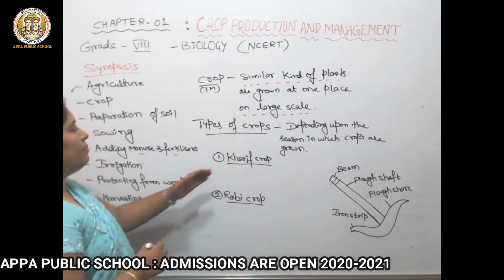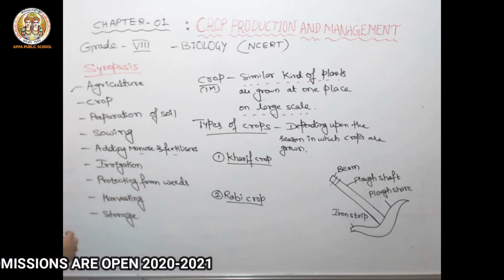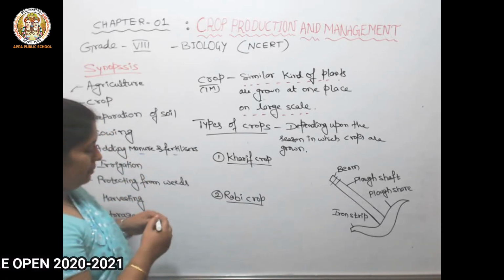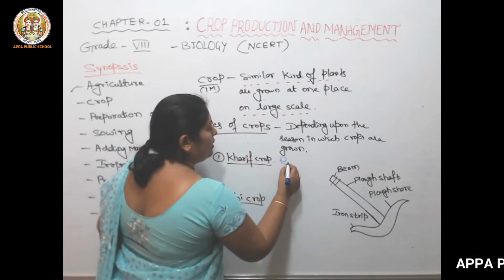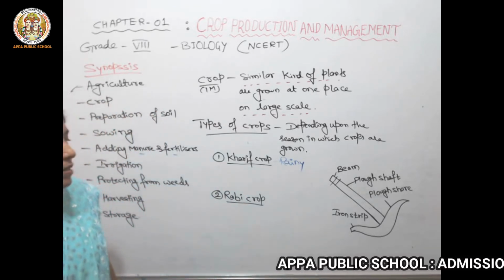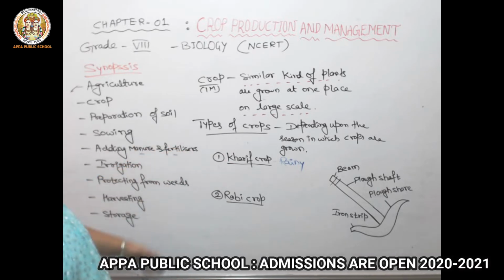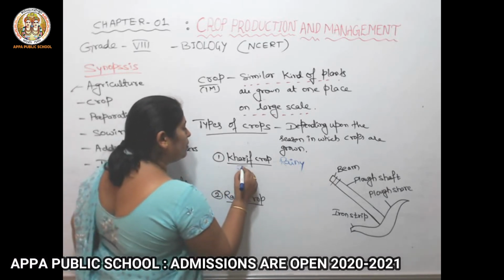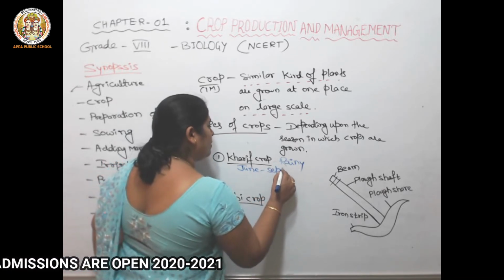So here comes the first one, that is kharif crop. Kharif crop means the crop which is grown during the rainy season. Okay. Usually in India, the rainy season starts from June to September.